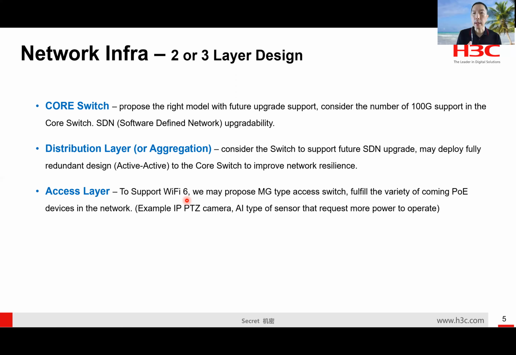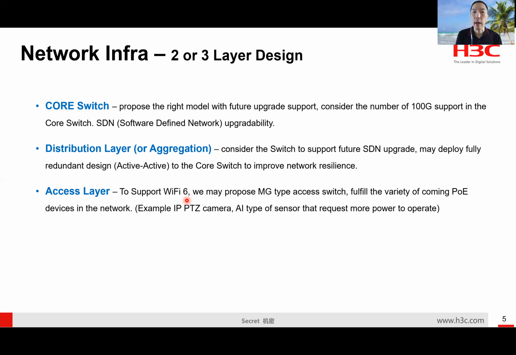SDN support is a very important feature in terms of future upgradability. For the distribution layer, we need to consider the upgrade to SDN in future. And most of the time, the customer may invest a little bit more to provide another redundant design, active-active in the distribution switch connecting back to the core, just like what I mentioned before.